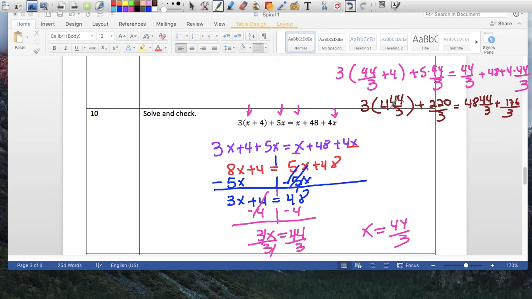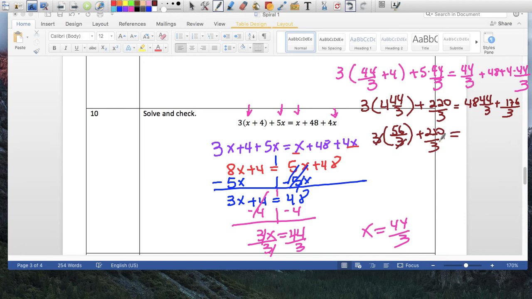I'm going to change this to an improper fraction, and it's going to be 3 times 4 is 12 over 3. 56 plus 220 over 3. Let me do the left side.